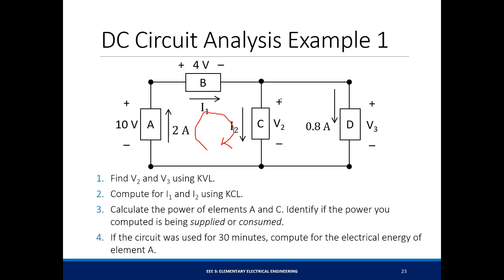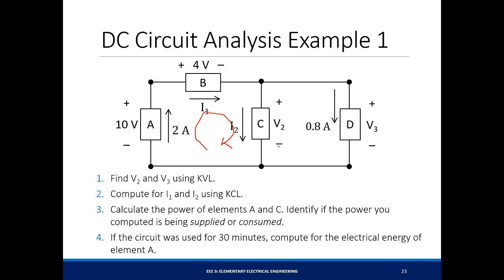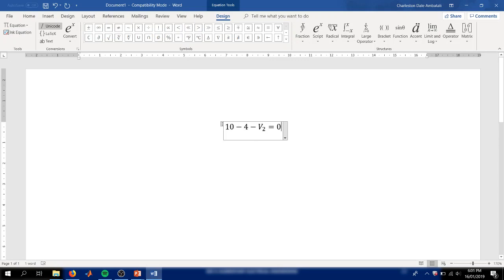And V2 is said to have this polarity, so from positive to negative, you get minus V2. And that is equal to 0 because you've gone around one loop and returned to the same point. Now we can solve for V2. Just transpose V2 and you'll get 6 volts. Quite easily done.